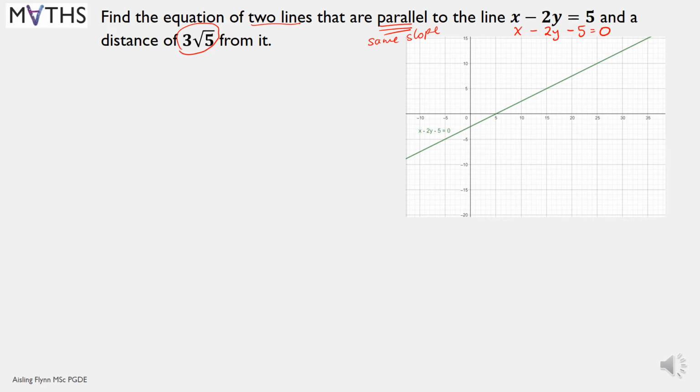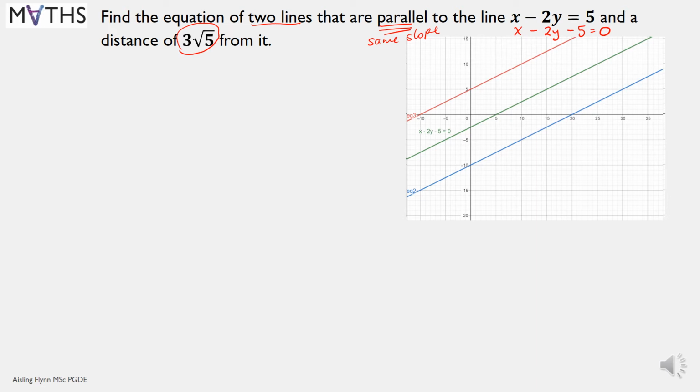So there's going to be two lines that are nearly 7 units away from this green line. One will be above it and one will be below it. So that's the red and the blue lines shown there.